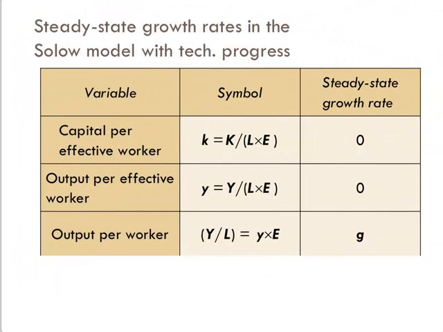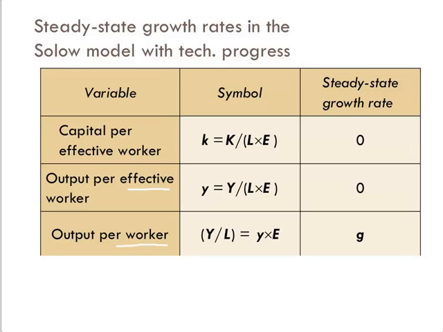All right, next, output per worker. Now, there's a difference here, right? The difference is it's not per effective worker. It's per actual worker. So, it's not little y. Little y is not output divided by labor force.